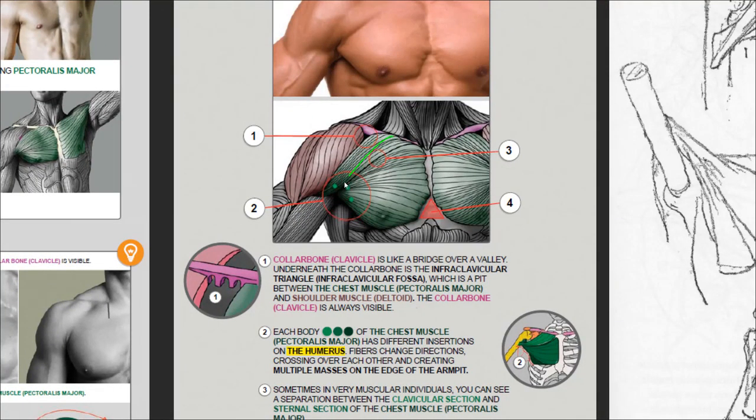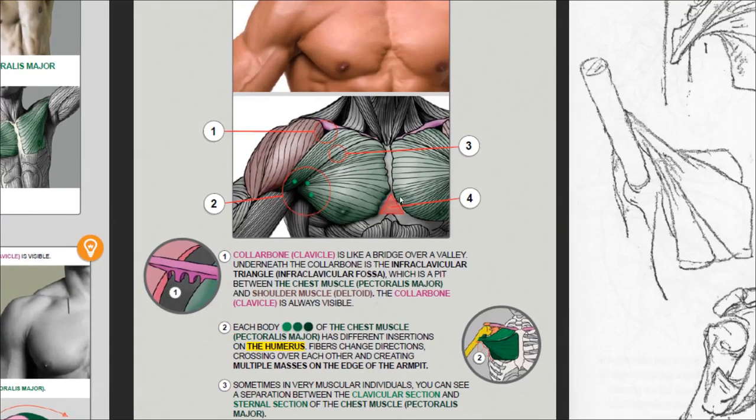We can clearly notice right here how the fibers go under the region of the deltoid and connect in the region of the humerus bone. All right, and notice the shape of the pectoralis major.